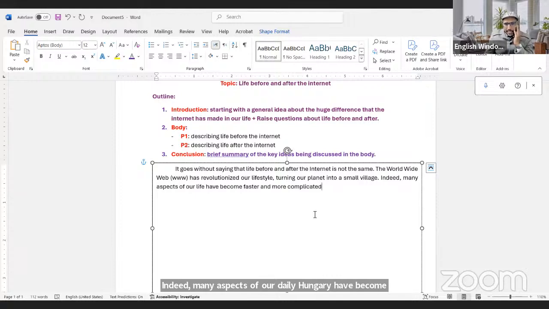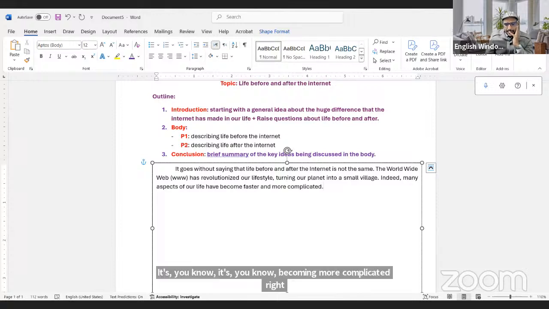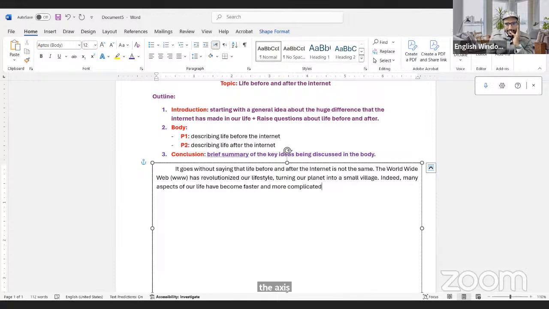Be it, become more complicated, the access. Okay, so access to the information, guys. Okay, and what else?